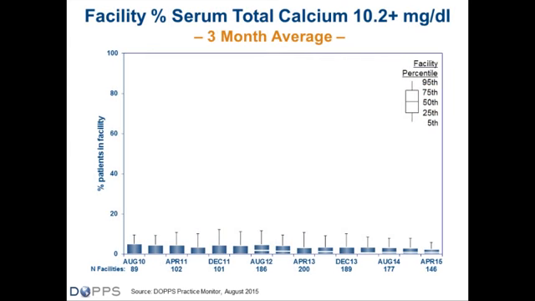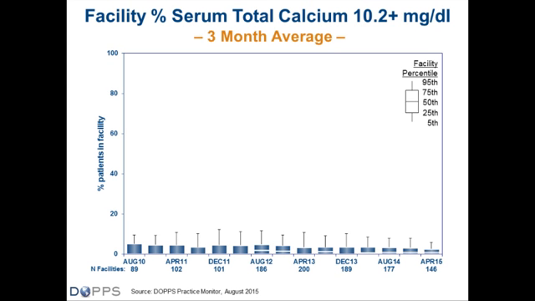Converting this to the facility level measure, again this is still DPM data, as you will see, the variation, because the number of patients with calcium above 10.2 is very small, the facility variation in the proportion of patients with calcium above 10.2 is also very small.